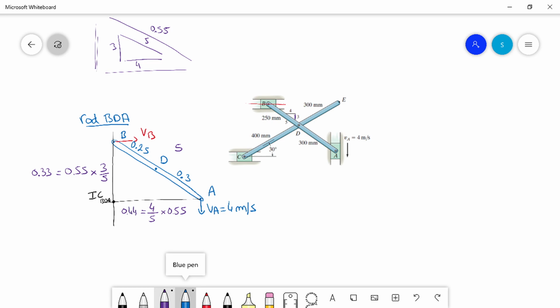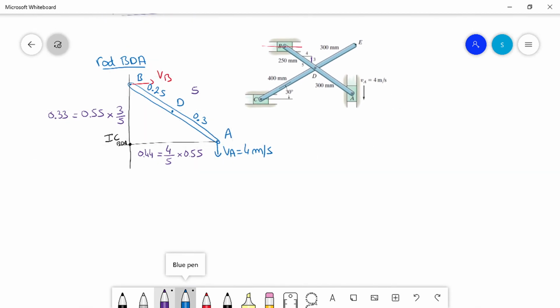Now that we have these dimensions, we can find omega of the rod BDA. We know that VA is equal to RA from the IC of BDA times omega BDA.